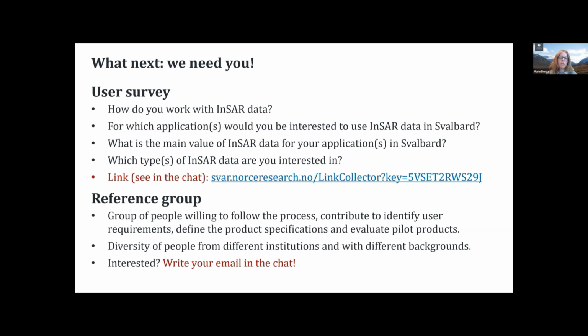And what we really would like to see is the diversity of people from different institutions with different backgrounds using InSAR on different applications. So if you're also interested in joining this group and follow us, please write your email in the chat and we will contact you.